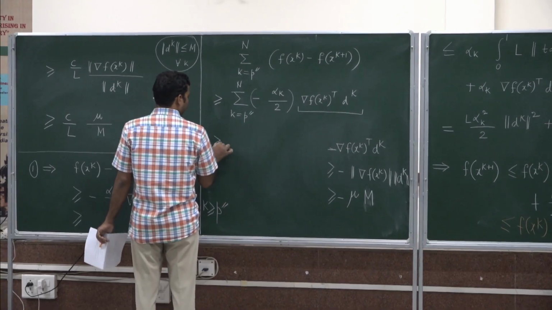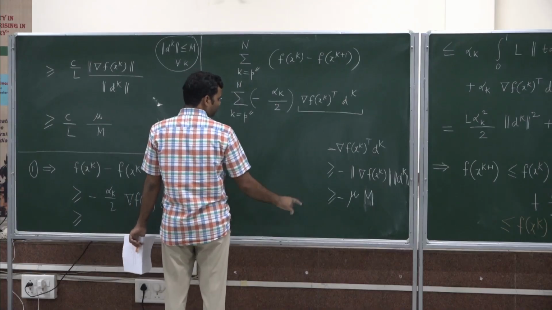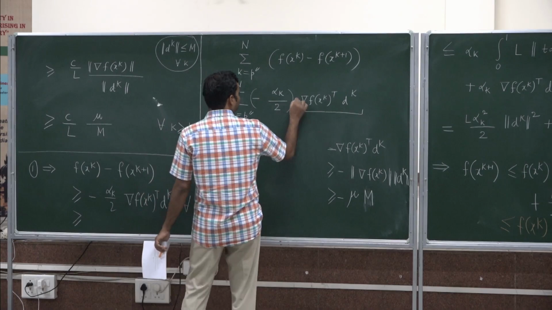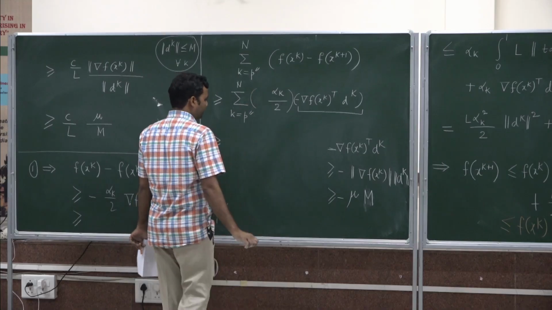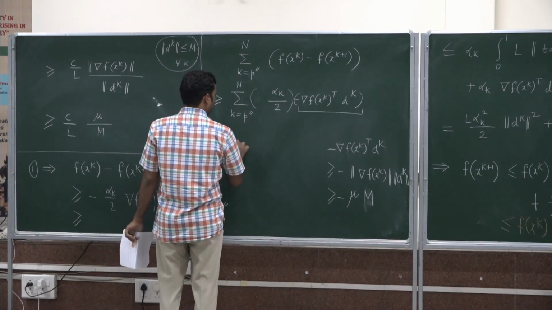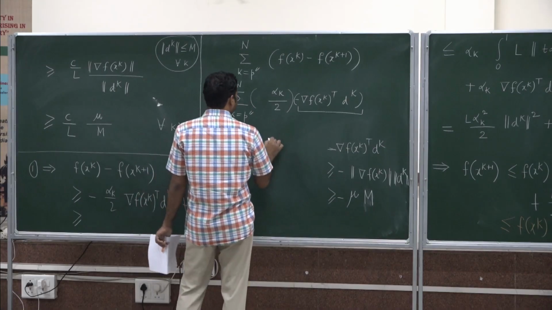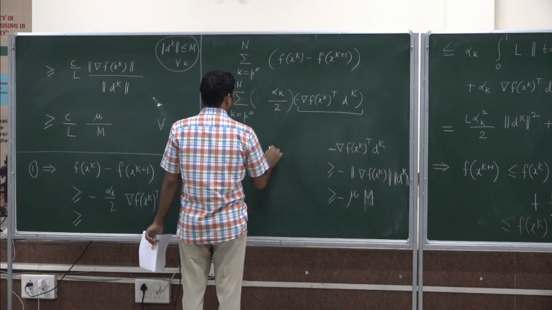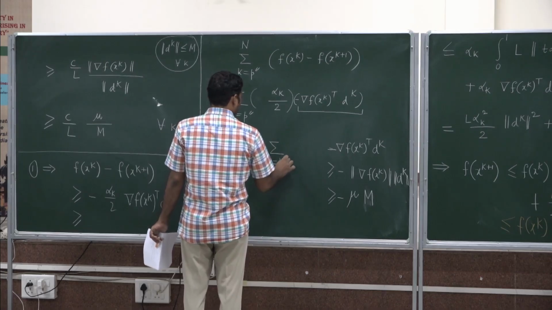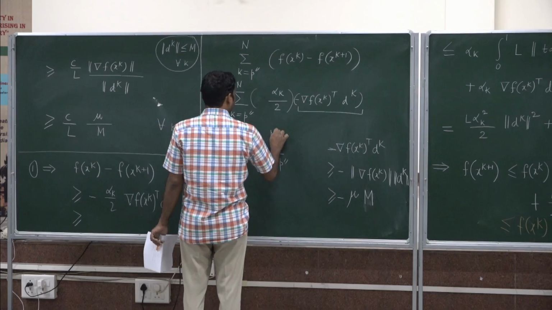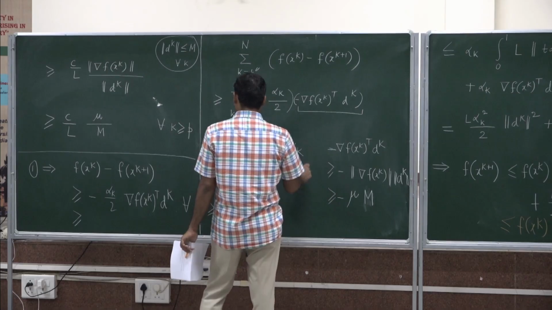So this will be greater than or equal to, so here goes, this minus we keep over here, and then alpha by 2, then minus mu capital M by 2, and then the summation k equal to P double dash to capital N, here goes alpha k, right?